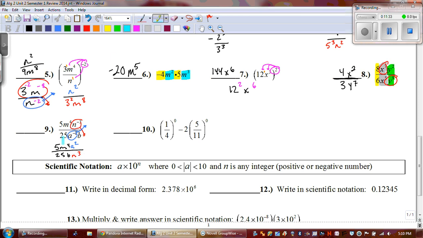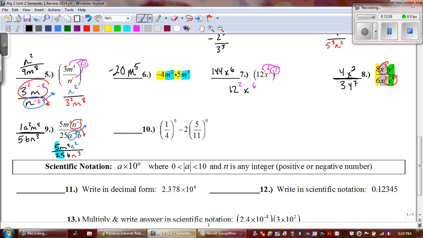Now we're going to have a little bit of rearranging to do because we want those in alphabetical order. 5 and 25 reduce, so divide by 5. We have a 1 and a 5. I'm bringing the a squared up, and then m to the 4th, because we always write in alphabetical order. If they're not written in alphabetical order, it's okay, just know that they mean the same thing.